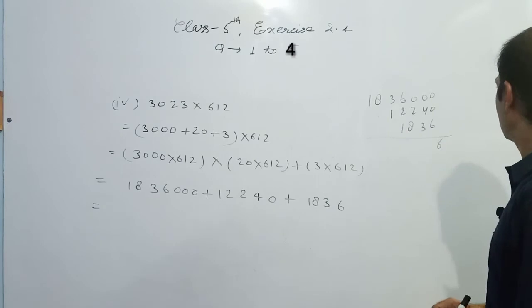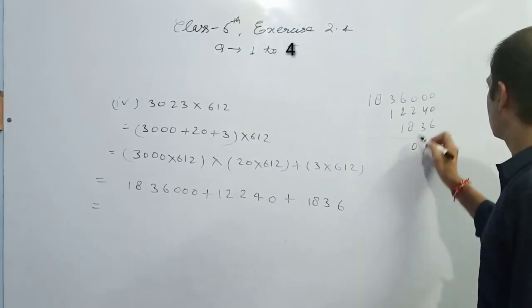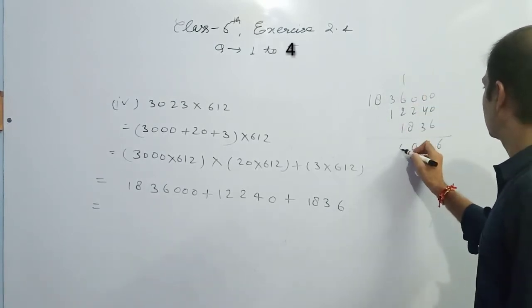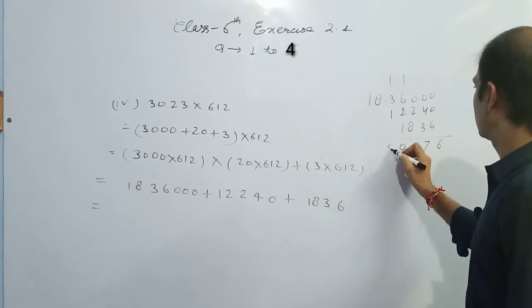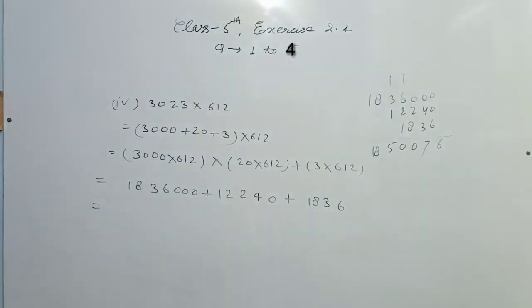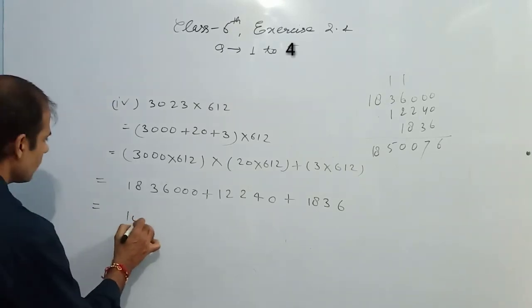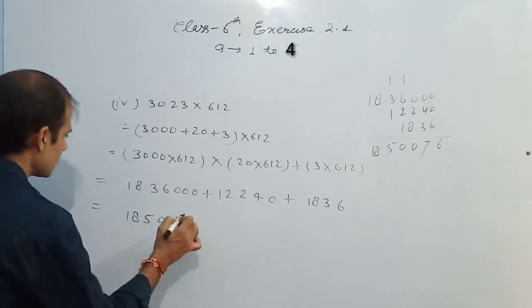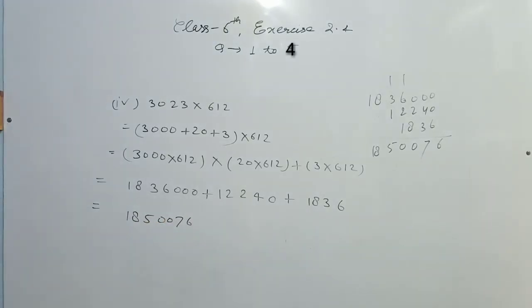It is 6, 7 0, 1 carry, then 0, 1 carry, 5 and 18. So the final answer is 18,50,076. Okay students, note it down.